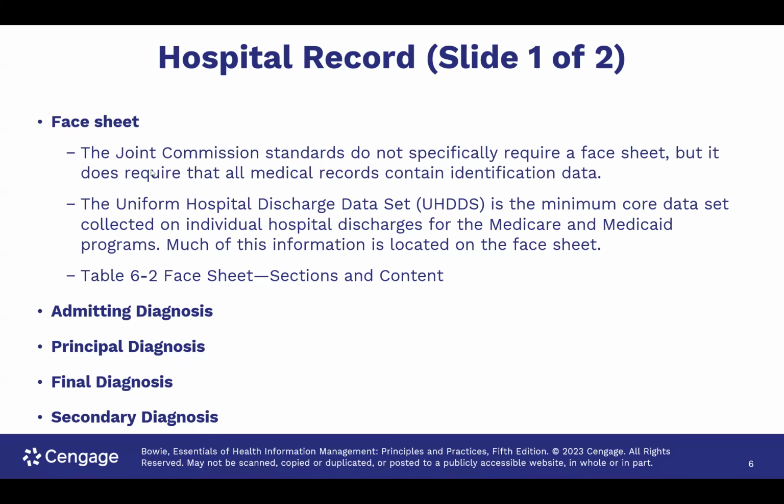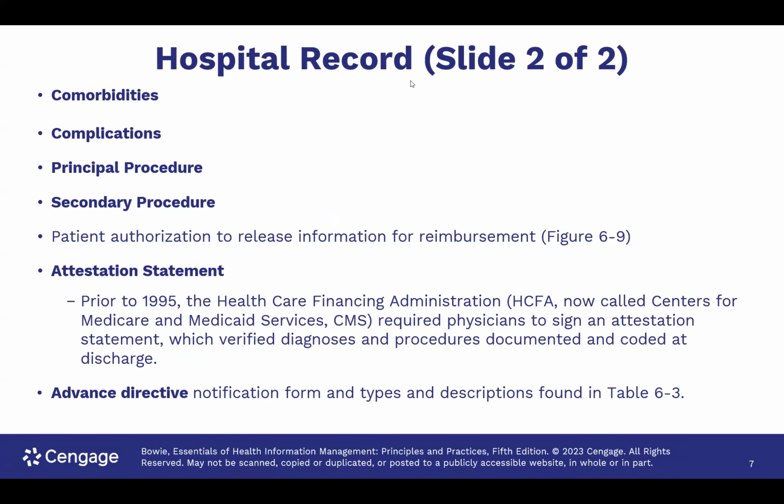So what do those types of things include? Well, you can see them on table 6-2, but here's a short list of them. They include such things as the admitting diagnosis, the principal diagnosis, the final diagnosis, and any secondary diagnoses.